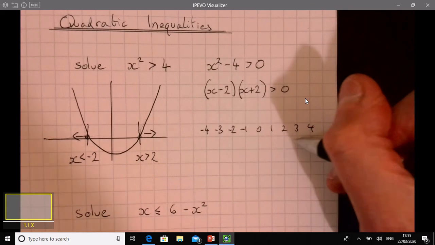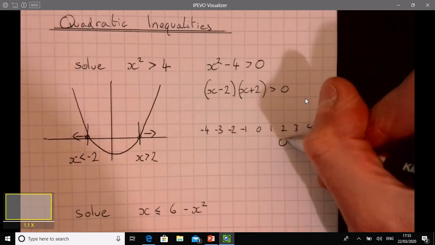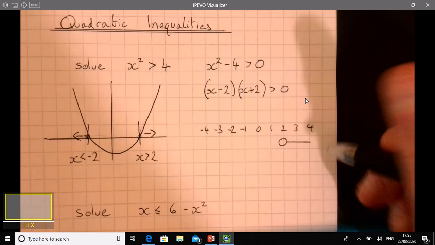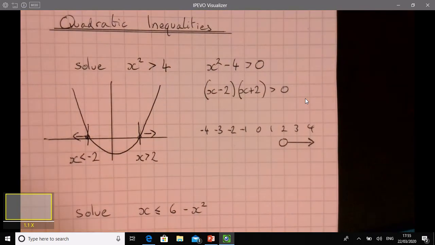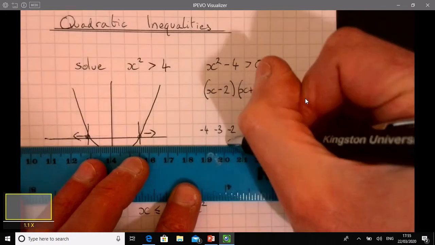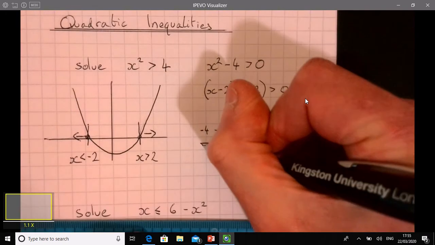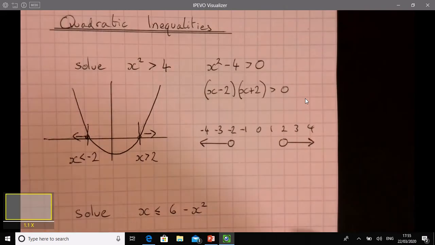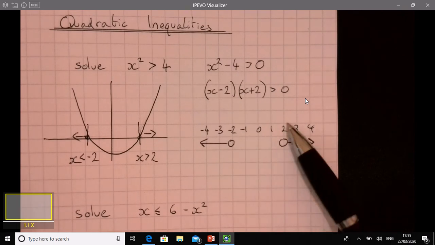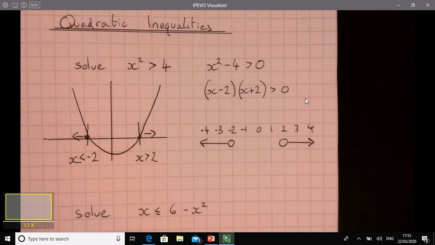We're going to draw a little circle. We're talking about this section over here, and this section just over here. That's all it is. Now if it was more than or equal to, the only difference is you would shade these in. That means it includes the 2 and minus 2.